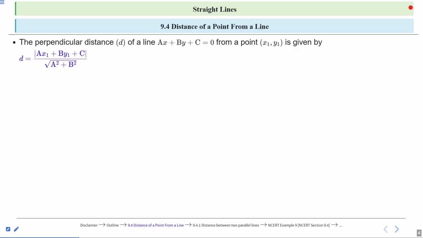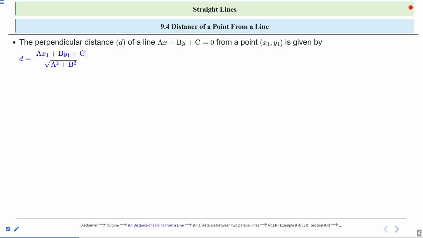First, we will discuss the distance of a point from a line. Suppose you have a line and you have to find the distance from a point (x1, y1). How can you find the distance of this point from the line?